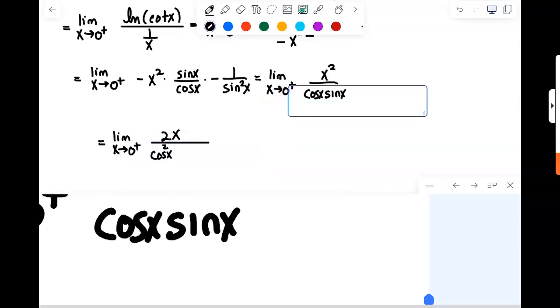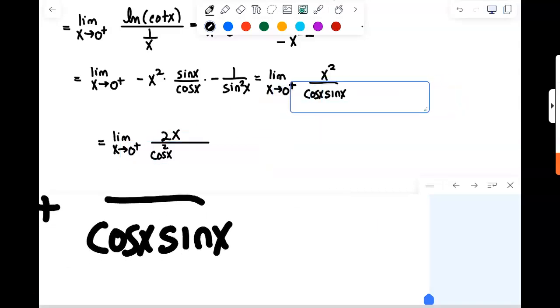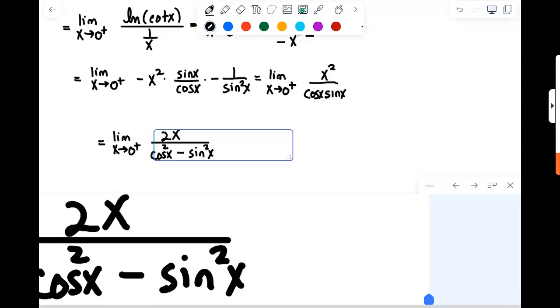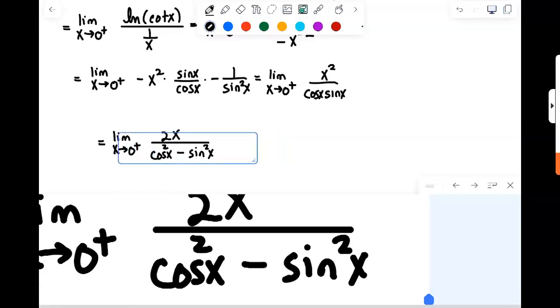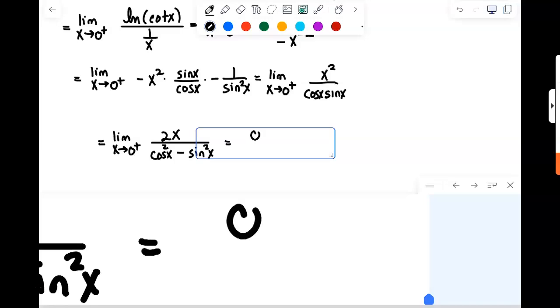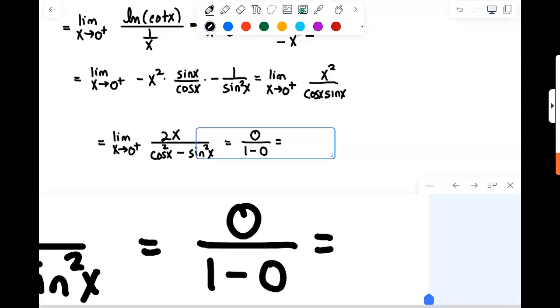And then that would be plus sine times the derivative of cosine. The derivative of cosine is minus sine, so that's actually going to be sine times minus sine, so it'll be minus sine squared. And now finally, we can let x go to 0. Top will go to 0, the bottom will be 1 minus 0. Since it's no longer a 0 over 0 limit, we can just evaluate it, and we just get 0.